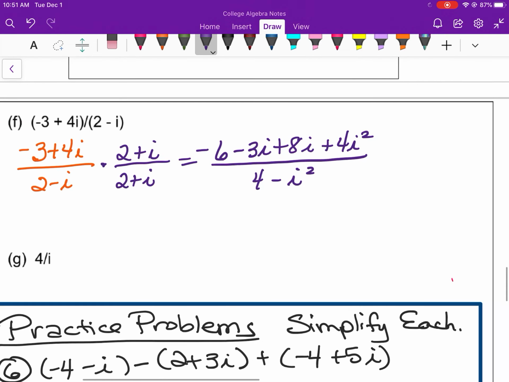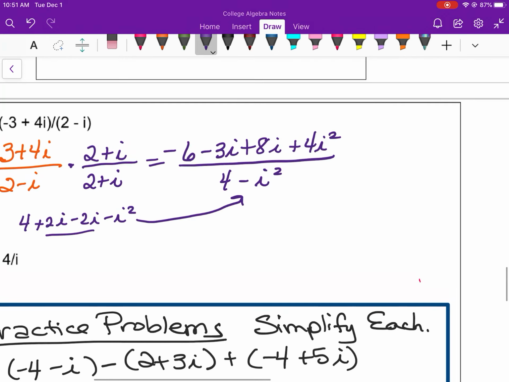Now I shortcutted my foiling on the bottom because conjugates always have the two middle terms that fall out. So you could do 4 plus 2i minus 2i minus i squared, but those middle terms fall out. So I will shortcut that denominator a little bit.